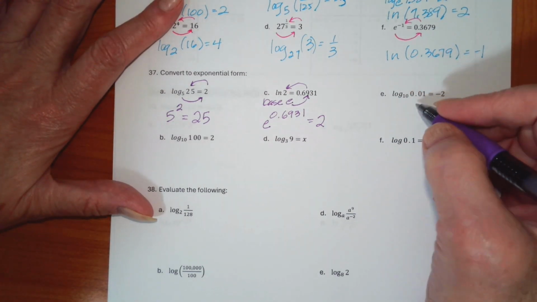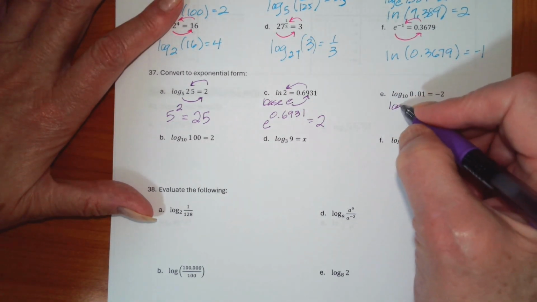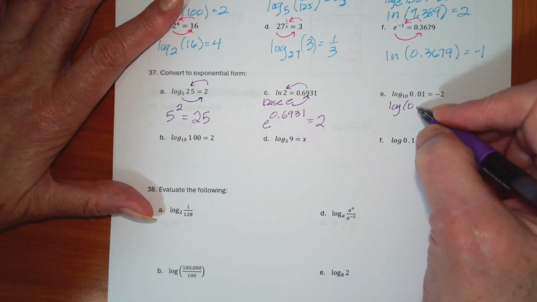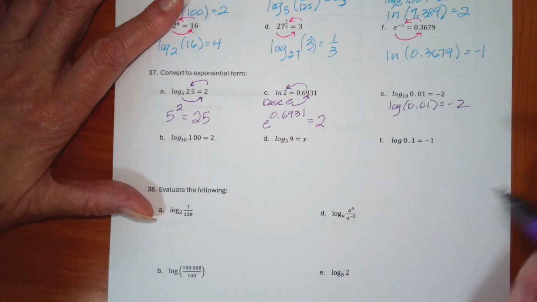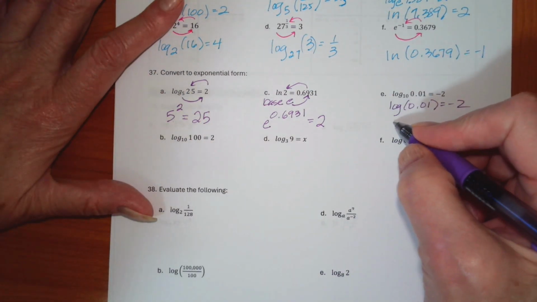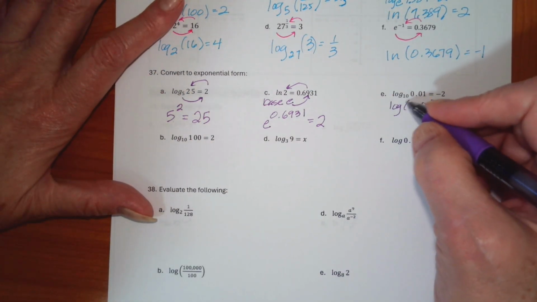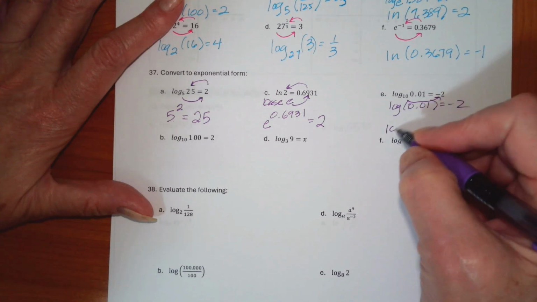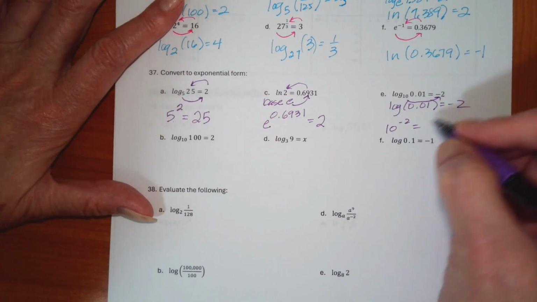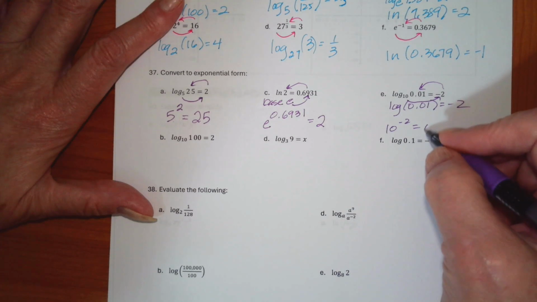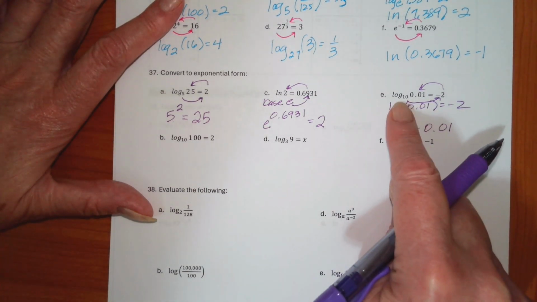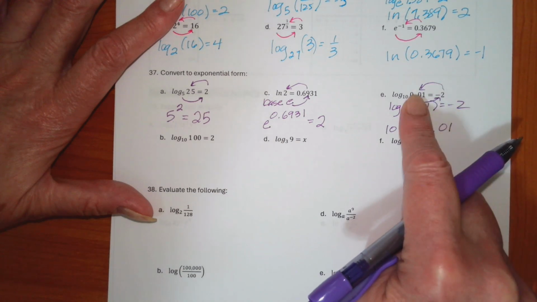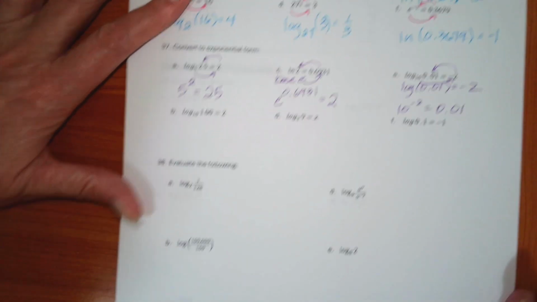Okay, same thing here. Log base 10, again, you would see this as log of 0.01 equals negative 2. That gives you 10 to the negative 2 is equal to 0.01. The base, the exponent, the argument.